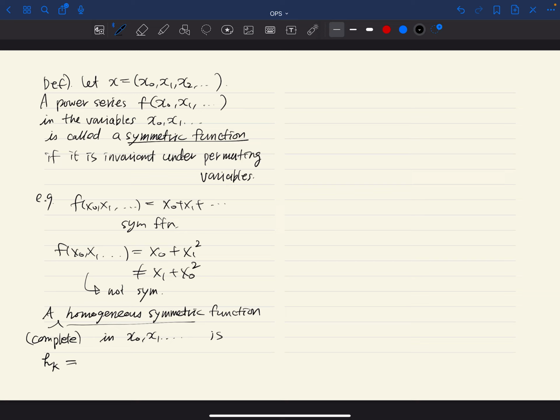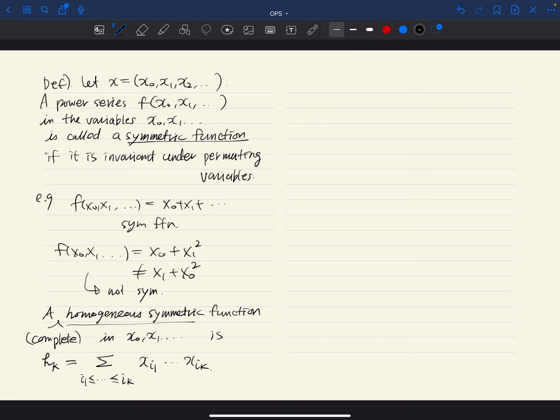h_k, for some k a non-negative integer, is the sum over all weakly increasing sequences of k non-negative integers of x_{i1} through x_{ik}.